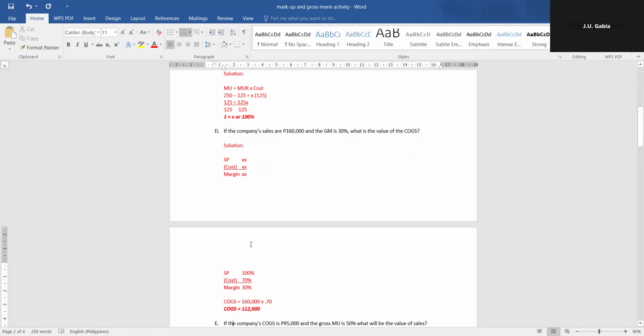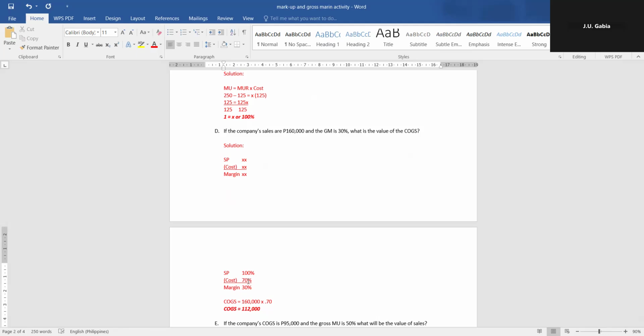Okay, let's solve it. Like what I have said, we are going to use the income statement approach. The selling price is 100% here, the cost is 70%, and the margin is 30%. Since the company sales is 160,000, the selling price is 160,000, and the gross margin is 30%.